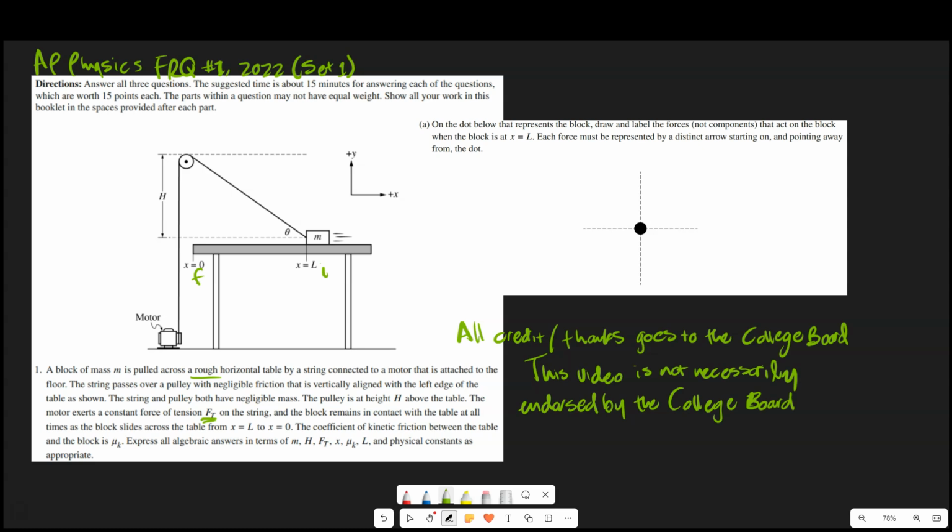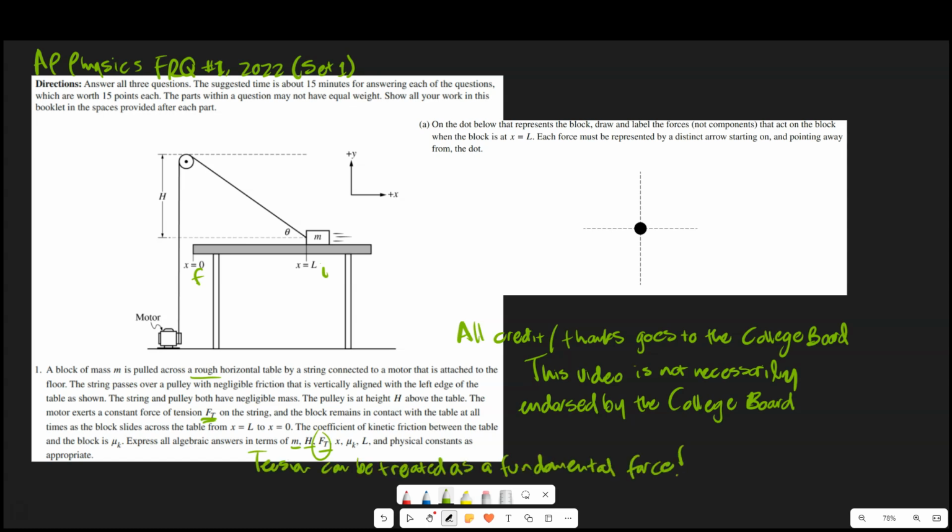It then says the coefficient of kinetic friction between the table and the block is mu sub k. Express all algebraic answers in terms of m, fair enough, h, f sub t, really important, I need to focus on that, so I might circle that. x, fair enough, mu k, and L. So we can use tension.